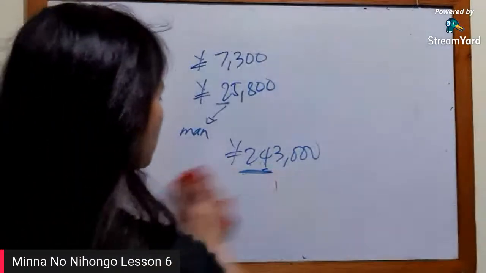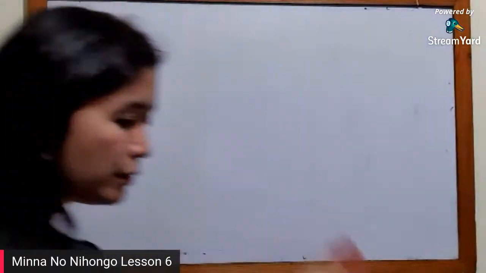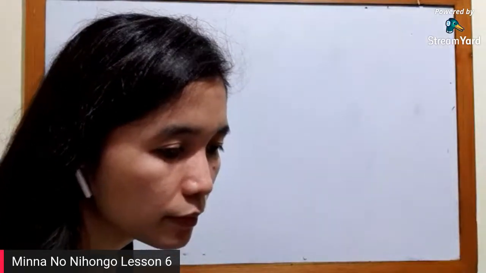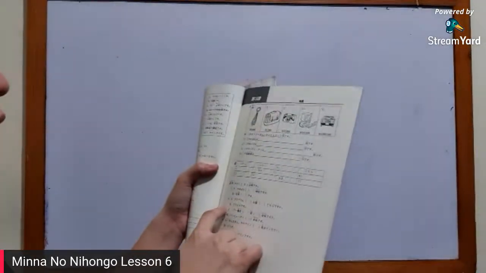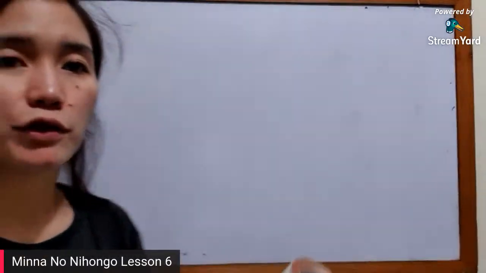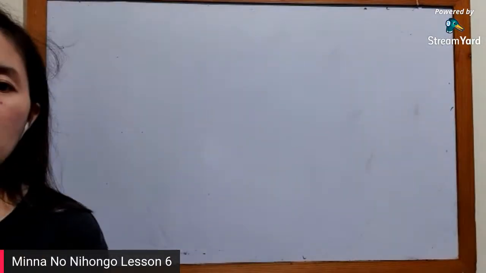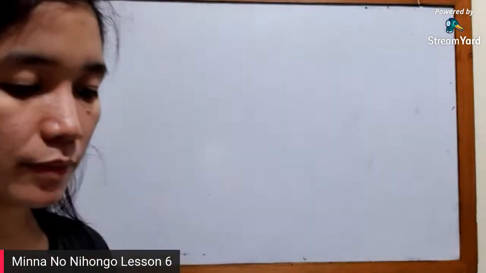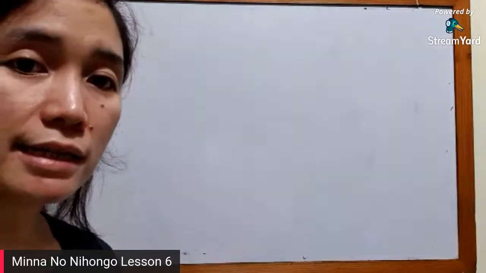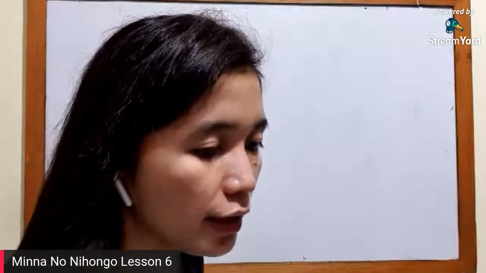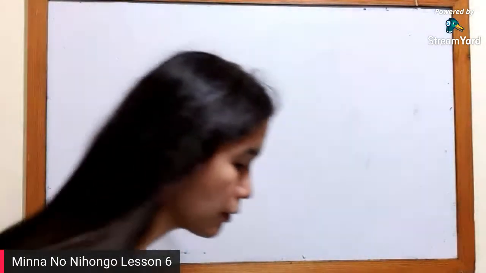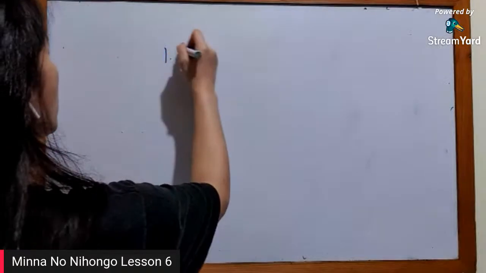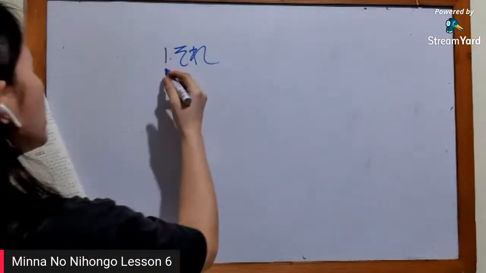Okay, next. Our next question is complete, di ba? You need to complete the table. Okay, so we have numbers in there. So minasan, for those who answered the exam, number 1 is what? Number one is sore. This is just to complete the table.